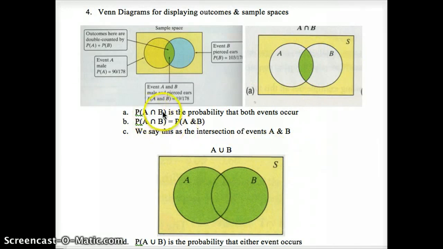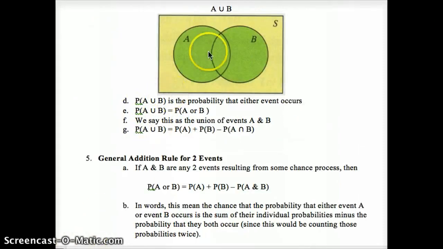We note this with the notation with the little n. That means that A and B occur. The union, or either occurring, is represented in green down here. So either A or B, or both happen. And we represent that with a U. U for union, and an n-looking thing for intersection. The U for union means the probability of A or B occurring.